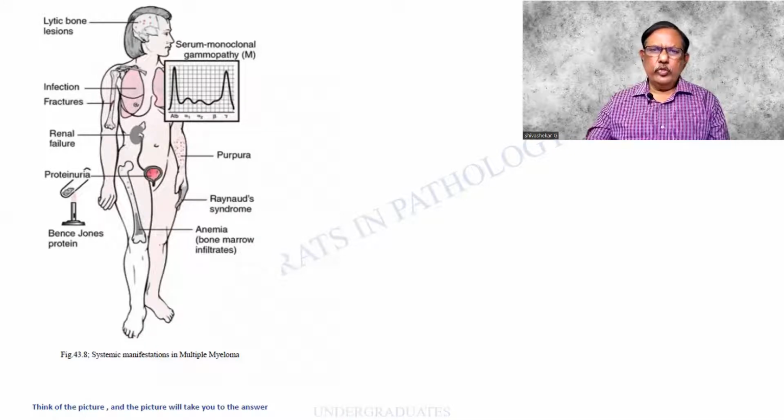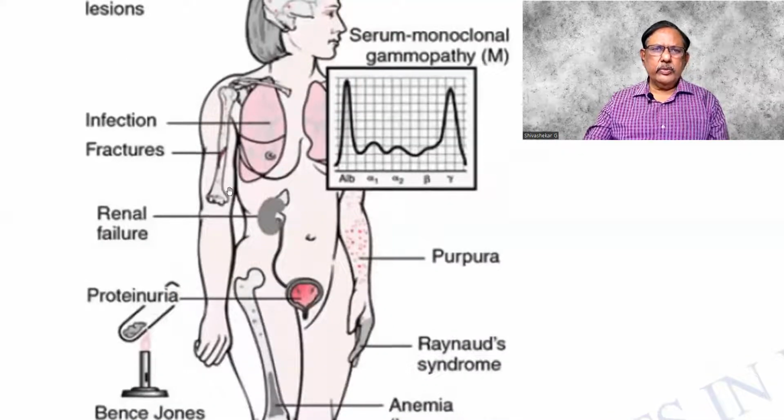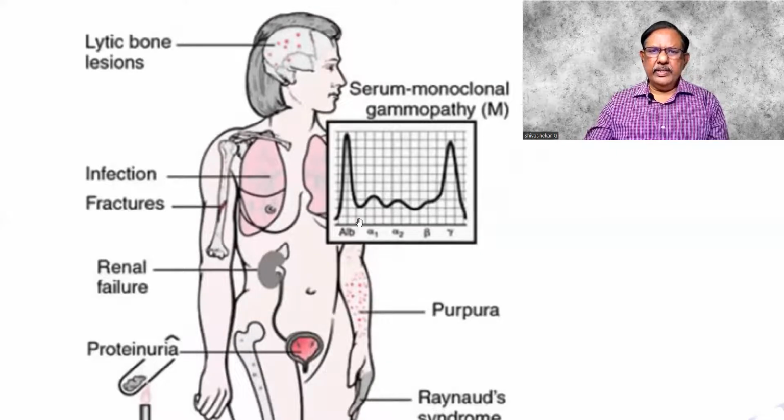This is a superb picture that is there from a text which I had taken from elsewhere also. So this is important for us. Look at this one. There can be lytic lesions. There can be the monoclonal gammopathy. The M protein is there. Patient can be prone for infections. Pathological fractures, particularly in the flat bones.